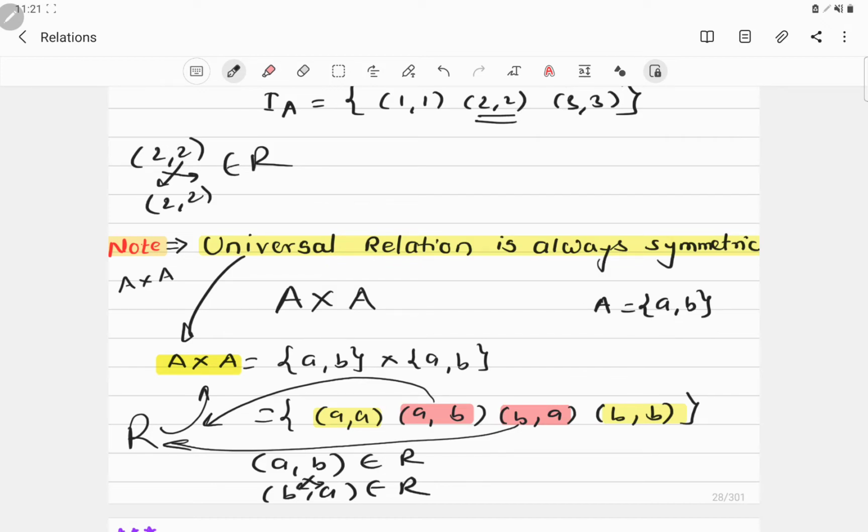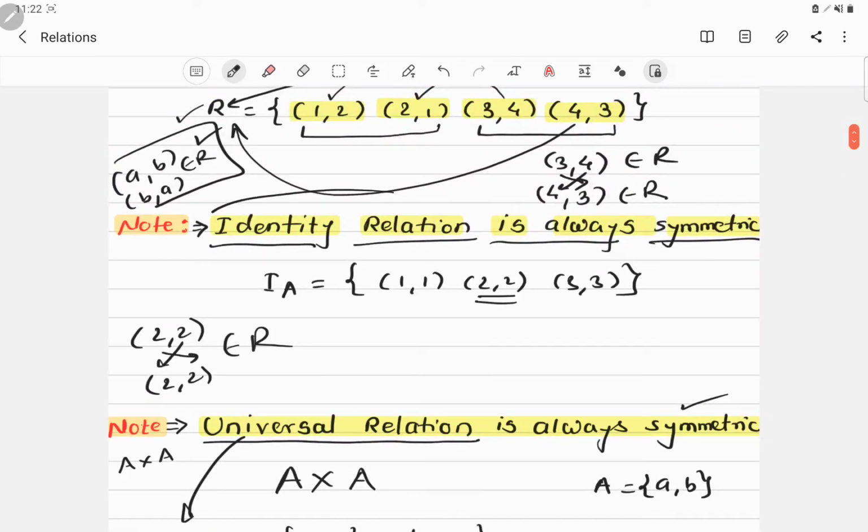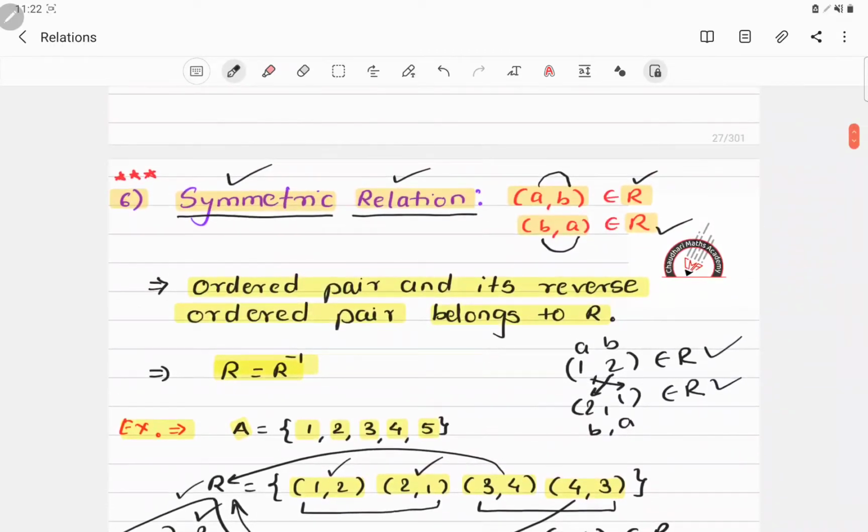So this is called a symmetric relation. Therefore, universal relation is also a symmetric relation. Identity relation is always a symmetric relation, and above all, what you have to remember is: if (A, B) belongs to the relation, then the change in the order also belongs to the same relation. If that is the case, then it is called a symmetric relation.